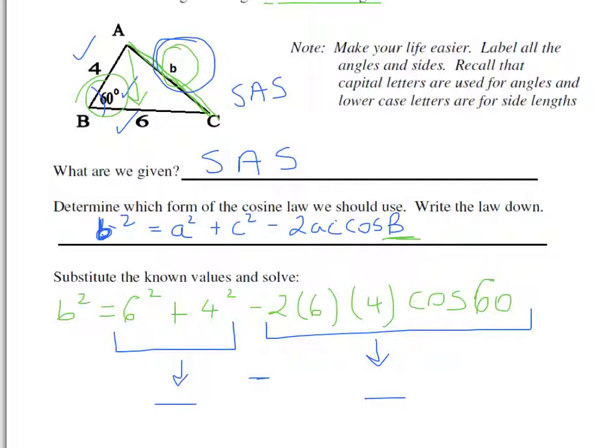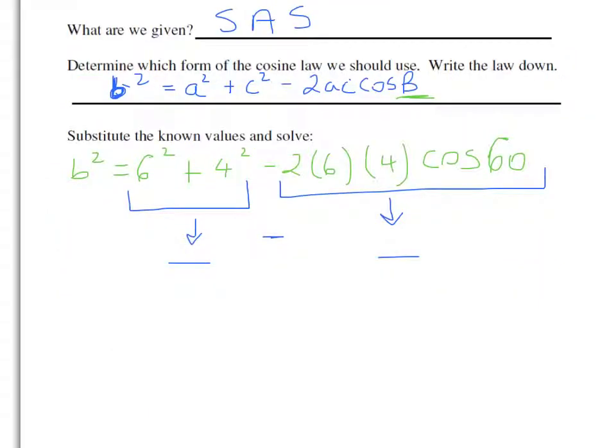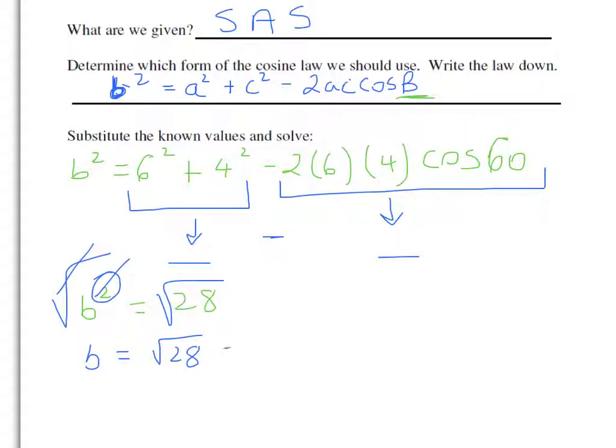Pause the video, and you should have gotten that B squared equals 28. Now remember, how do we get rid of something that's squared? We have to do the opposite, and the opposite of a squared is square root. So that cancels out, so B equals the square root of 28, which equals 5.3.